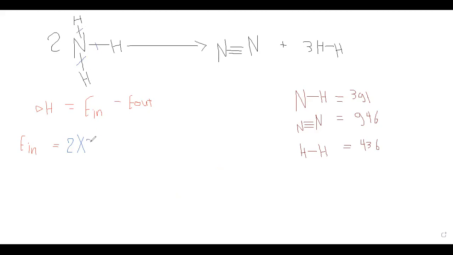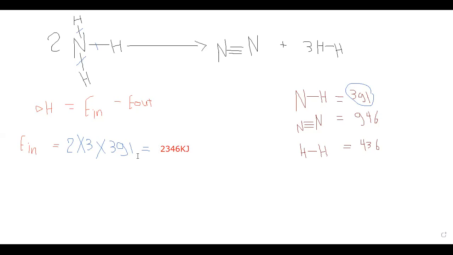So 2 multiply 3, multiply 391. Who can give me the result? 2346 kilojoule. Got it? Everyone got it?